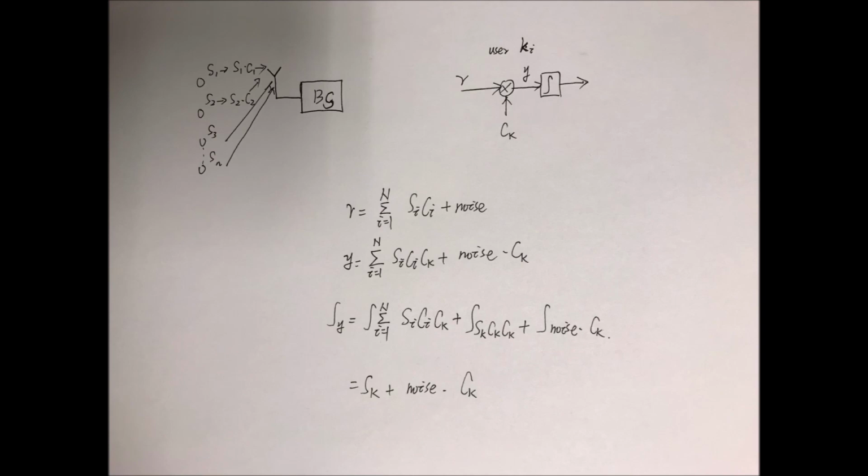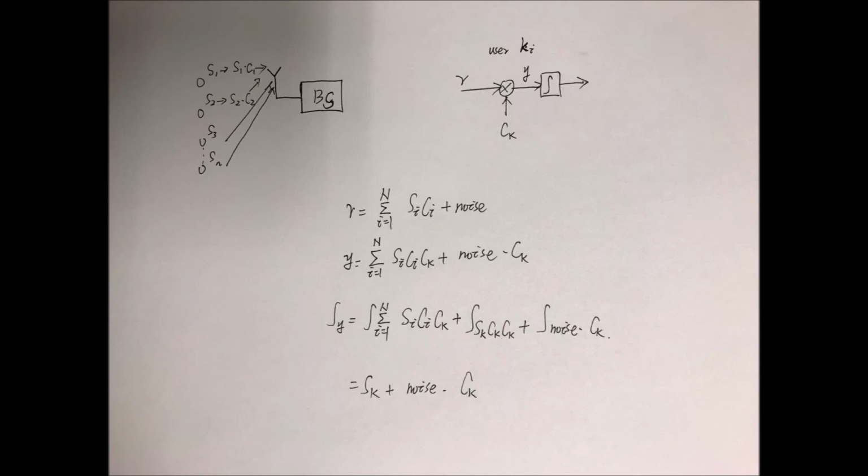Now look at this one. For i not equal to K, I have Si Ci CK, plus SK CK CK, plus noise times CK.